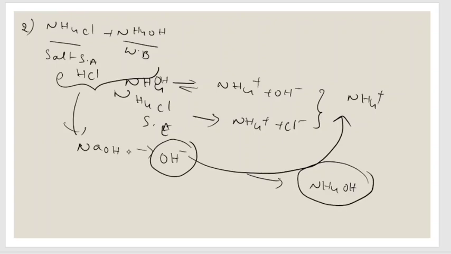This time also, after adding the base to the mixture, OH- ion concentration is not changing, because whatever extra base we have added, the OH- ions are immediately converting into undissociated NH4OH.